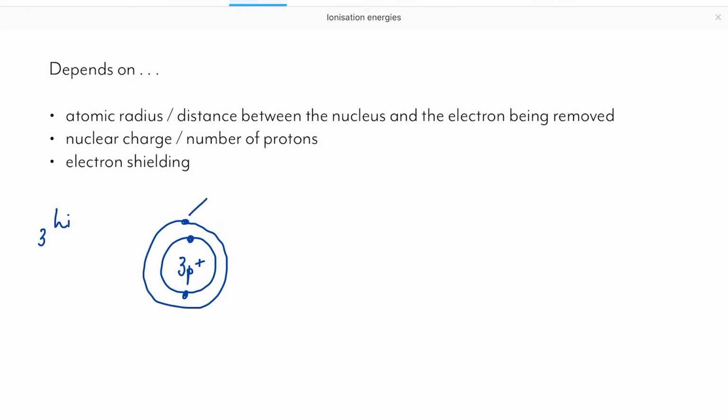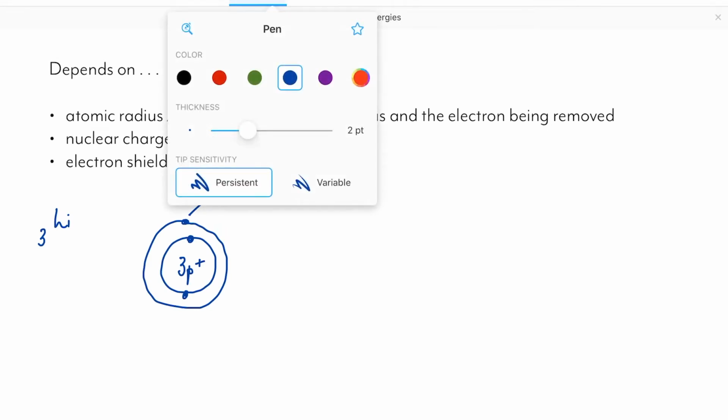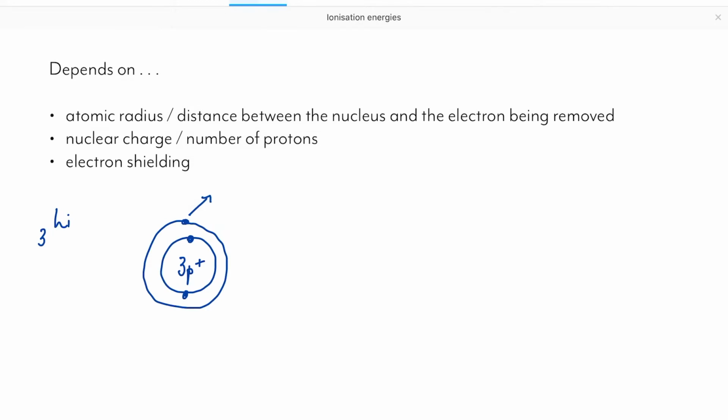Now clearly this electron here is going to be relatively easy to remove because it's quite far from the nucleus, and this is what we mean by electron shielding. These inner electrons are essentially blocking that positive nuclear charge. So the outermost electron doesn't feel the full effect of 3 protons pulling it in.